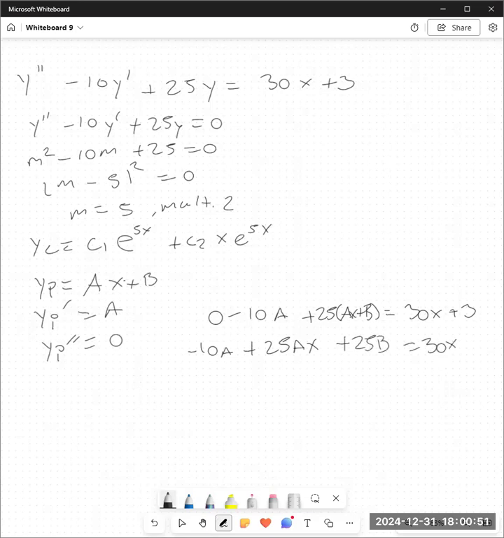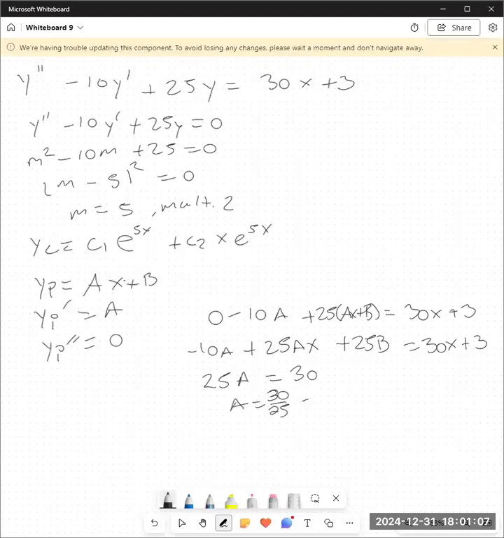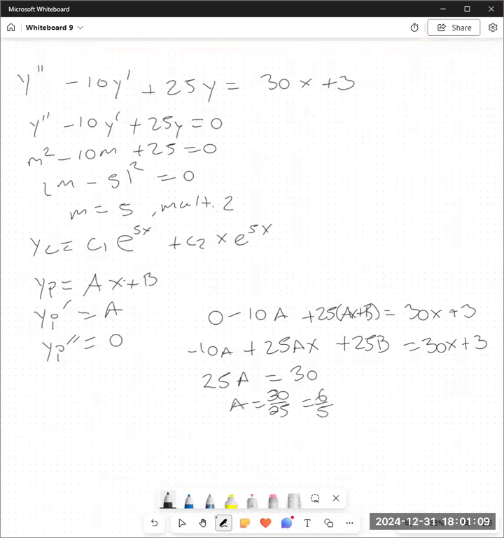Using a system of equations here, 25A for my x parts needs to equal 30, and A is equal to 30 over 25, which is 6/5. Then I have negative 10A plus 25B needs to be equal to 3.